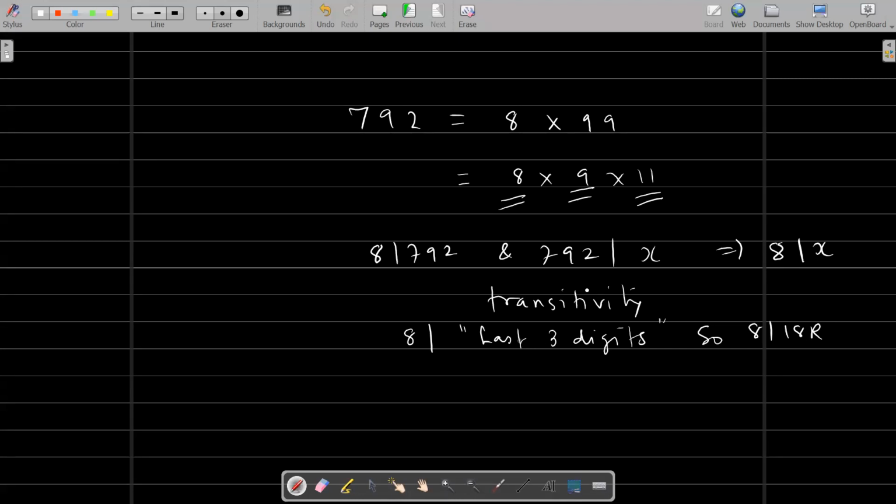If we divide, we get 2, then we have 16 with a remainder of 2, and 2R should be divisible by 8, so R must be 4. 8 into 3 is 24, perfect division. So R must be 4, right? Good.